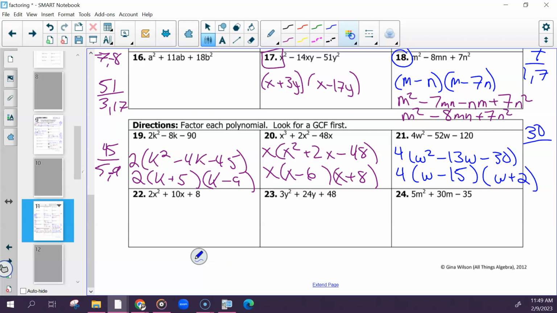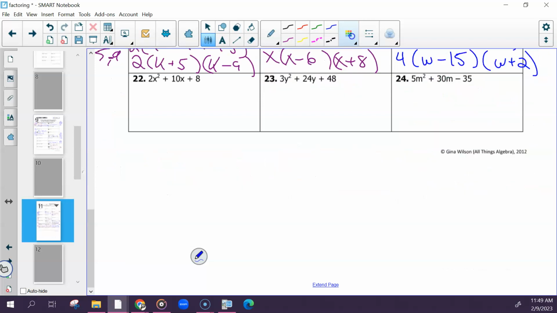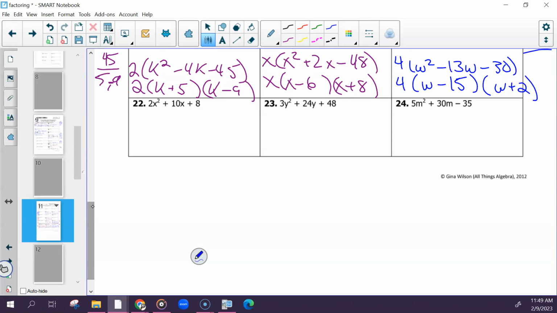Do we have any others in that section we want to see, go over, have questions about? I will say that for these examples where it's a trinomial where a is supposed to be 1, but it's not, whatever the number is in front of x squared, m squared, whatever the variable is, that's usually going to be your GCF.